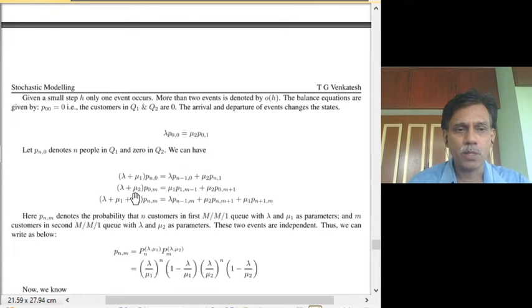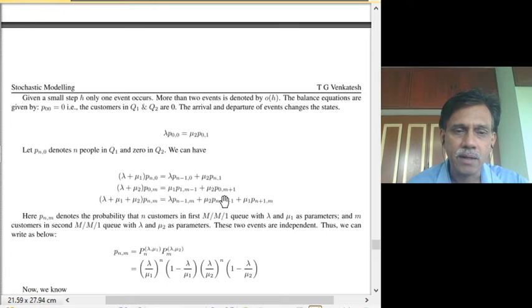So (lambda plus mu2) into P0m is equal to mu1 into P(1, m minus 1). If the service of the customer in the first queuing system gets completed, Q1 becomes empty, and there will be an increase in the number of customers in the second queuing system. So from (1, m minus 1) we will go to (0, m).